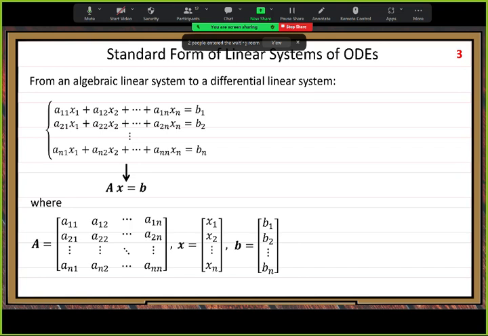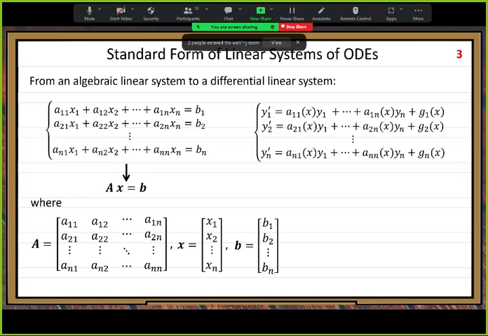All right. Now let's switch to the differential linear system. This time, the left-hand side has first order derivatives of those n different functions, y1, y2 through yn.